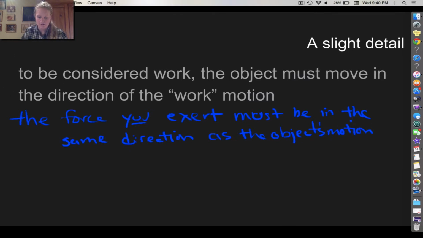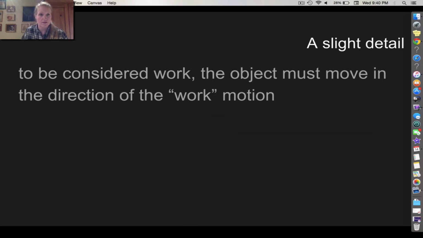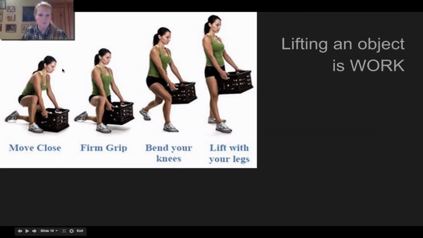It's kind of a weird thing, but let's look at some examples of what this would mean.